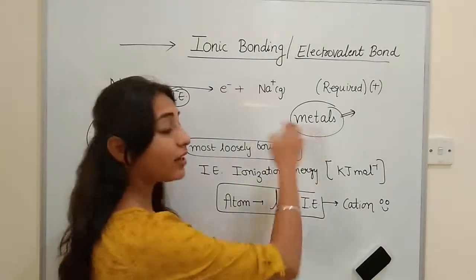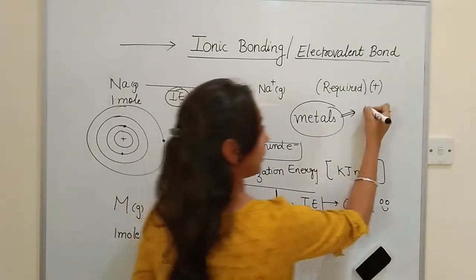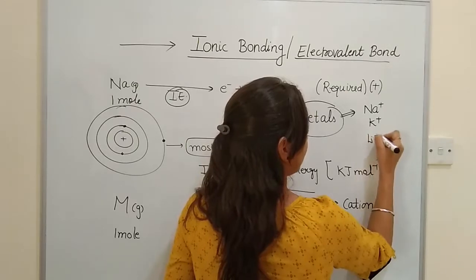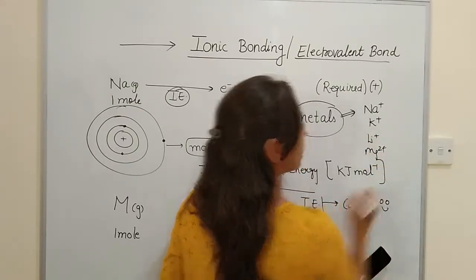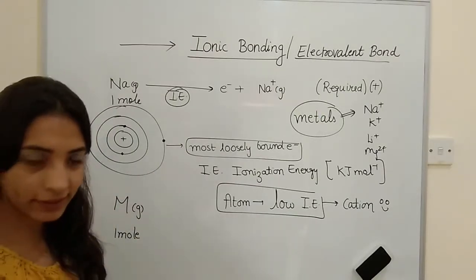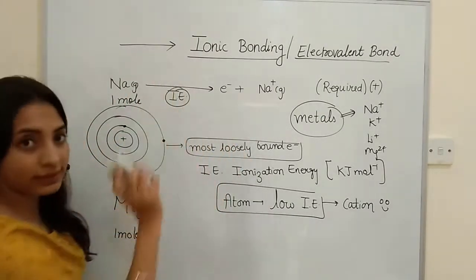Okay, like metal atom would have given the electron to form a cation. And the examples are Na+, K+, Li+, Mg2+, and so on. All of them can easily form cations. Done? So this was all with respect to Na losing an electron to form Na+.